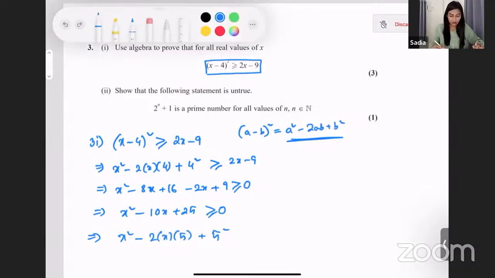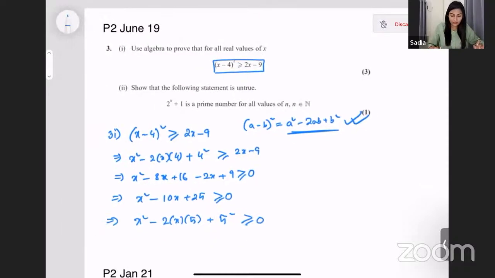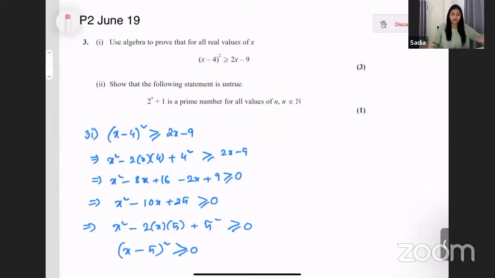If we compare this with our formula, it's basically an a minus b whole square formula, right? So x minus 5 whole square. And we are done.